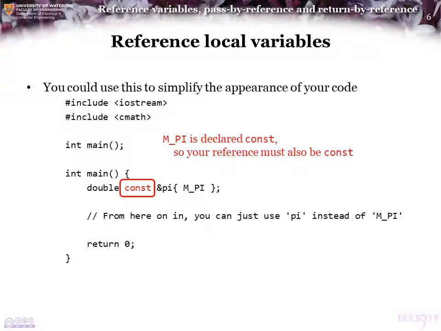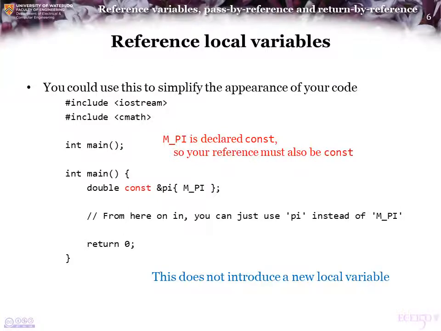Consequently, we must also indicate to the compiler that my new reference variable pi is also a constant. Otherwise, the compiler is going to complain because it does not want to assign to pi, since it cannot assign to M_Pi. But that's more of an aside.